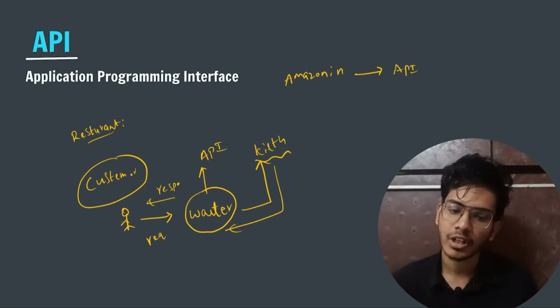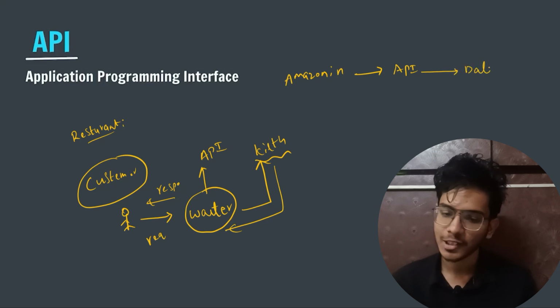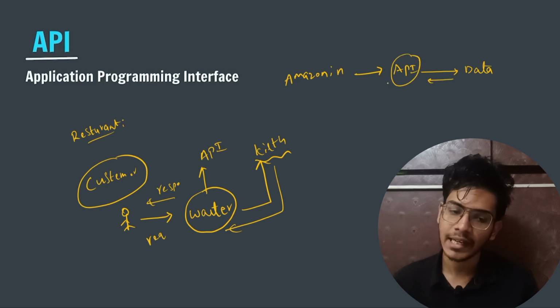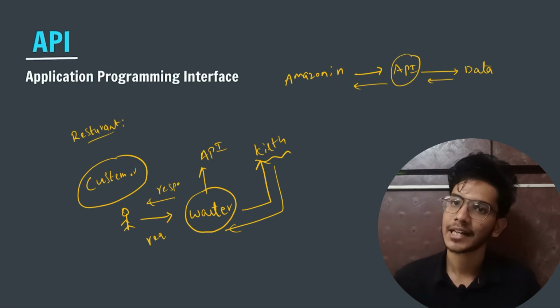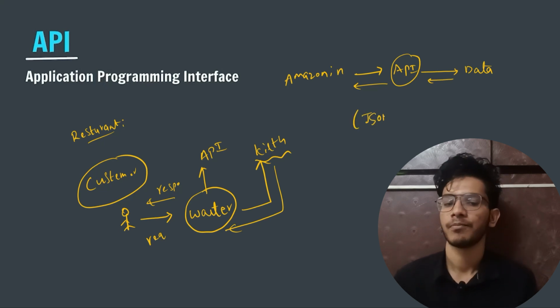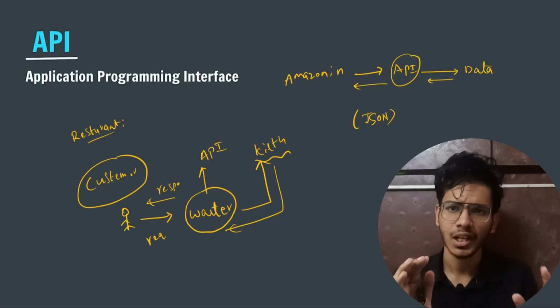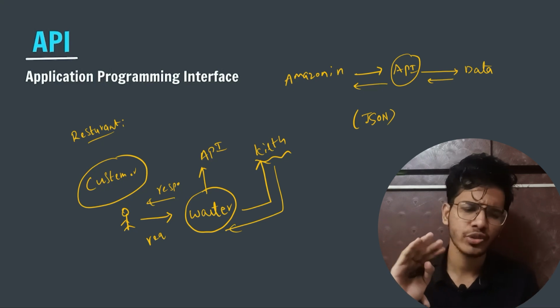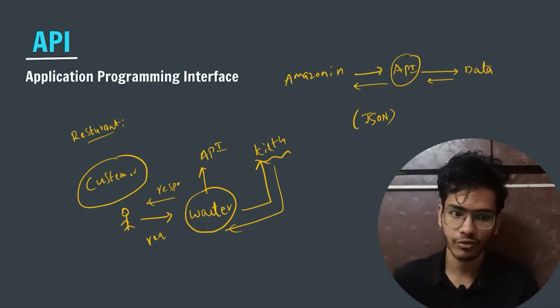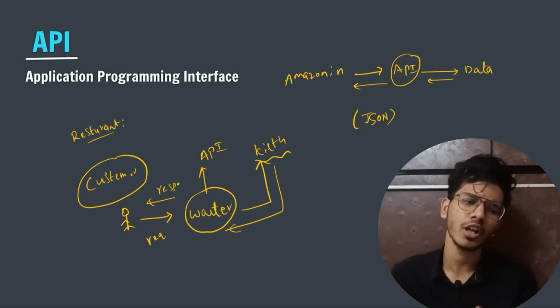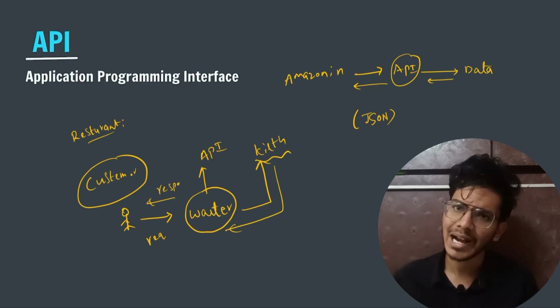The API will go to that database, and based on your request it will get some data and give that data to you, and mostly that data is in the form of JSON. JSON is very similar to a JavaScript object. We will talk about JSON in a few minutes, but I hope you have understood the meaning of API.